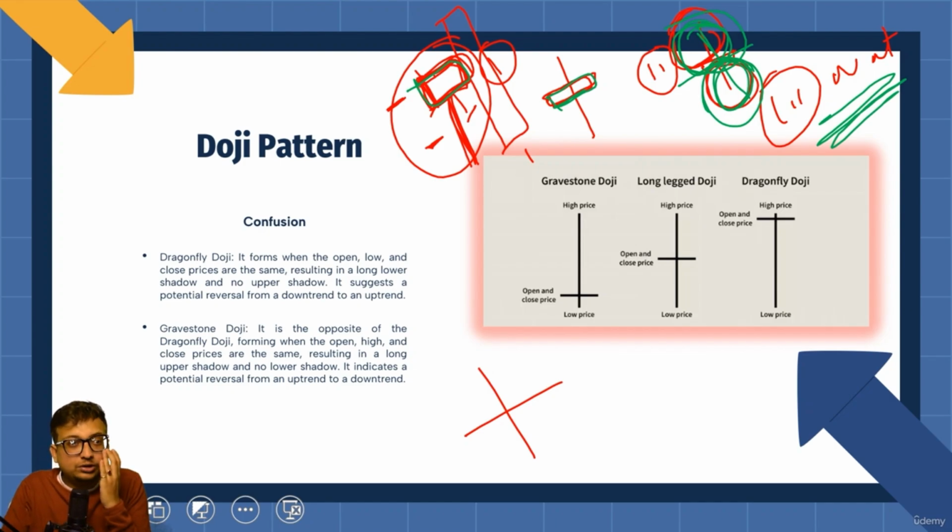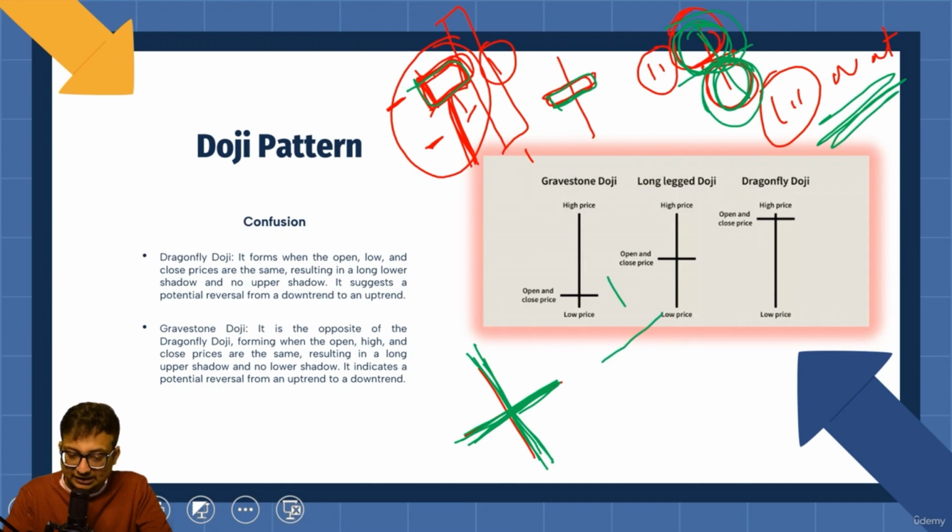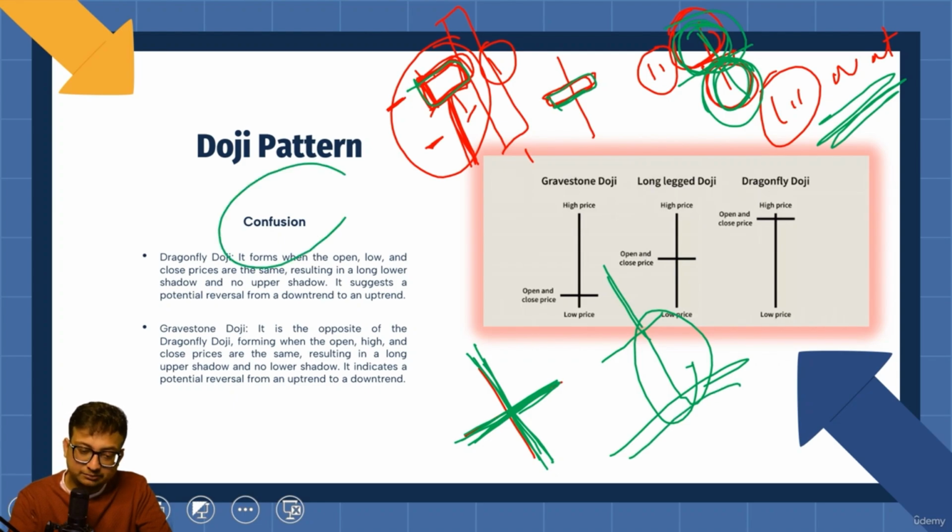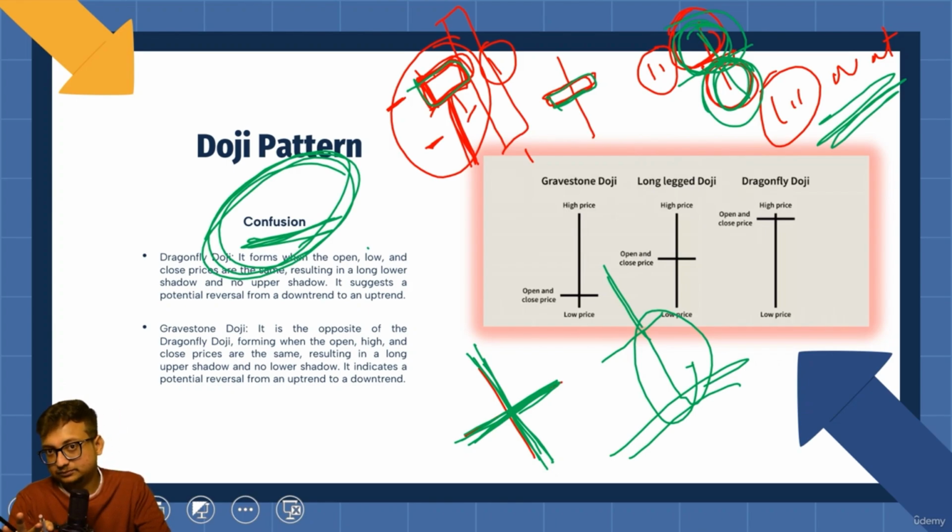You need a proper confirmation to take the trade, but this is not that kind of proper confirmation. Hence it creates confusion. If you see a candle where there is an LPR and an HPR, both of them, it simply creates confusion. Mark this word, it creates confusion, nothing else.